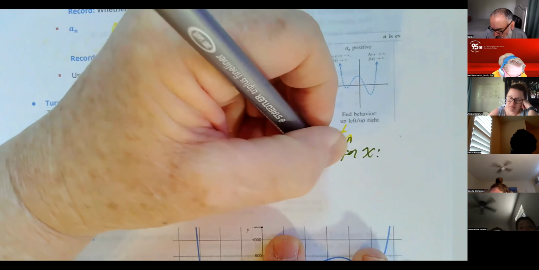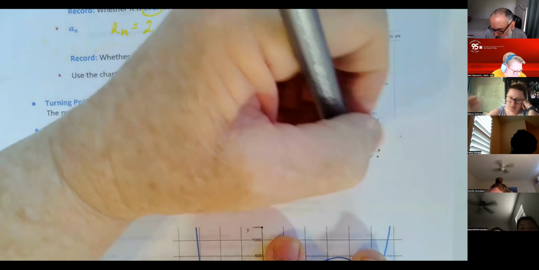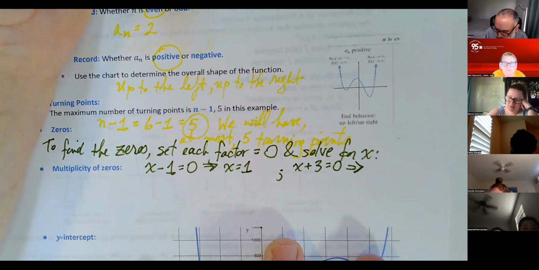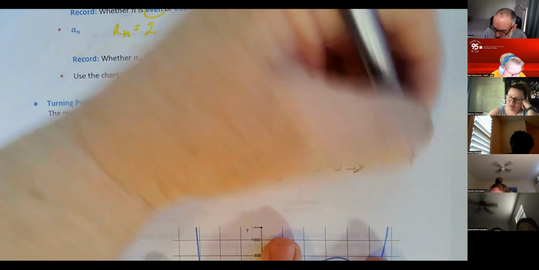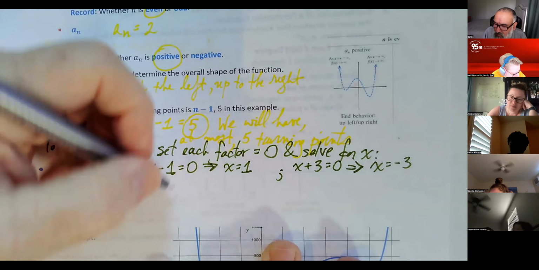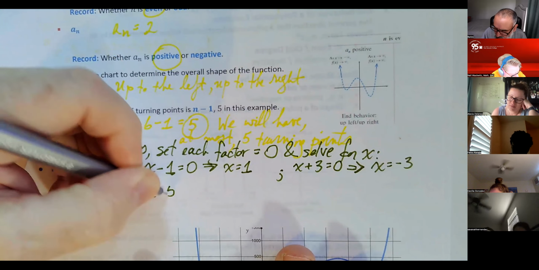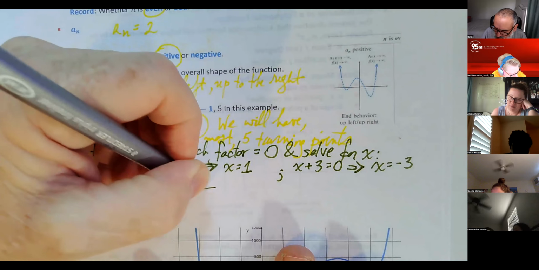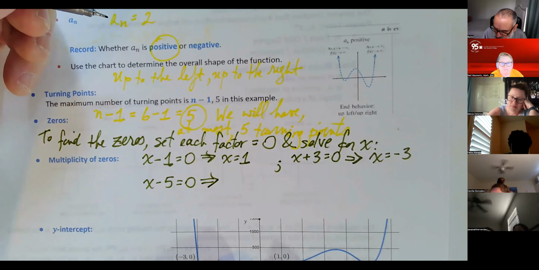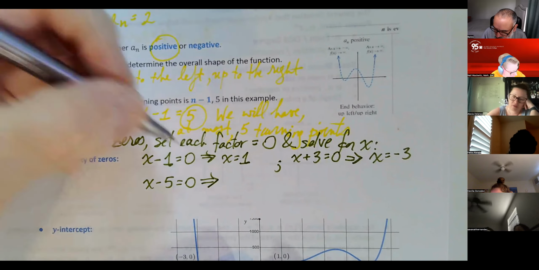Set that equal to 0 and solve for x. What do we get? Negative 3. Good. And finally, we take the factor x minus 5, set that equal to 0. And when we solve for x, we get 5. Good.